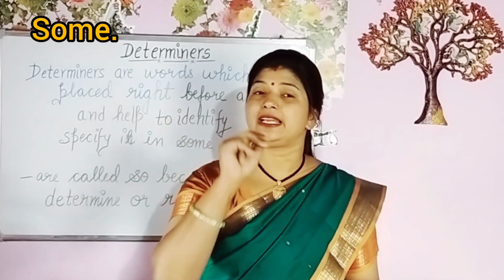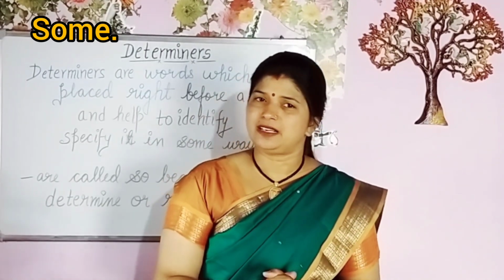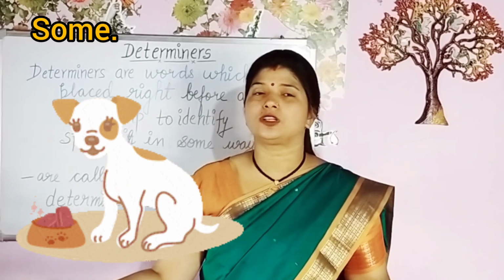Okay. Now the second example is I have left some food for the stray dogs. मैंने कुछ खाना stray dogs के लिए जो रोड में dogs होते हैं उनके लिए छोड़ दिया है. So here, when I am talking about some food, that means I am talking about food. मैं food के बारे में बात कर रही हूँ.